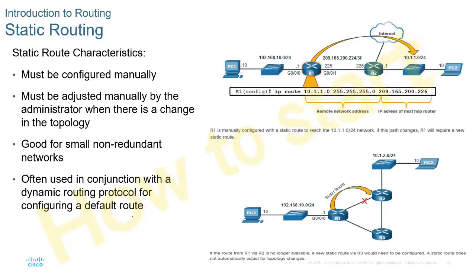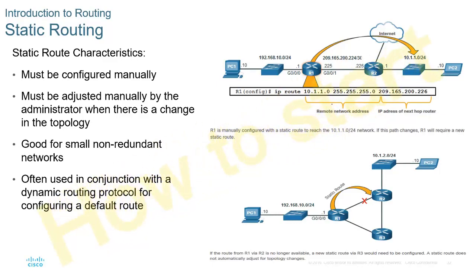Alright, so we talked manually and we talked dynamically. So let's talk a little more about how to configure a static route. On the router, we will start off in the global configuration mode. We will say ip route, then the remote network, and then either the next hop or exit interface.